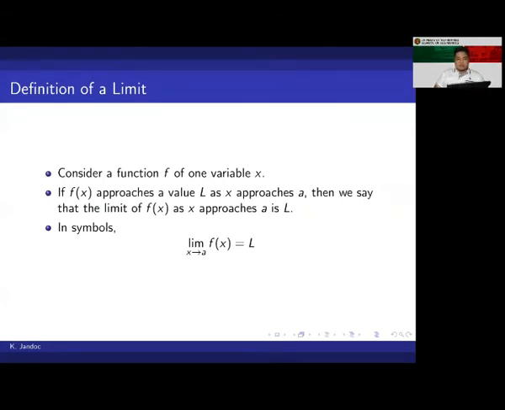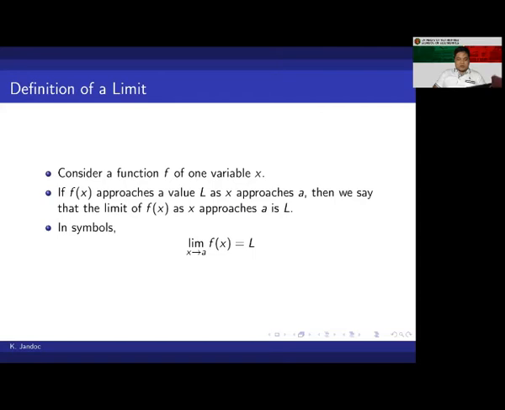Suppose we have a function f that takes as input a variable x. The function f takes input x and spits out whatever. It's a mapping from x to another element.